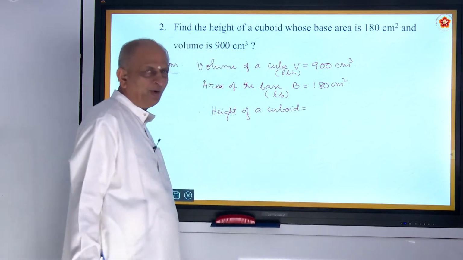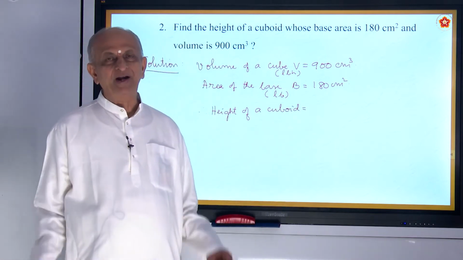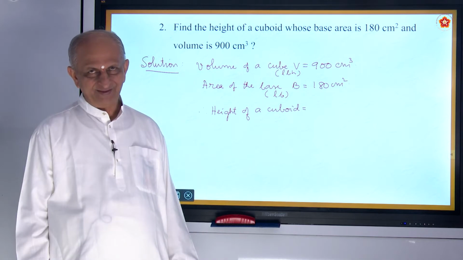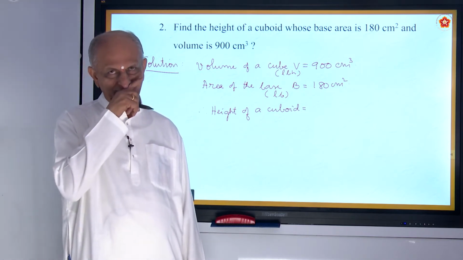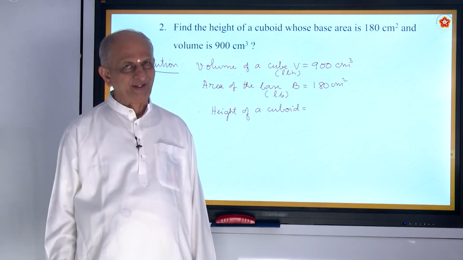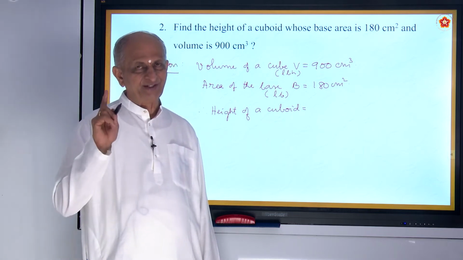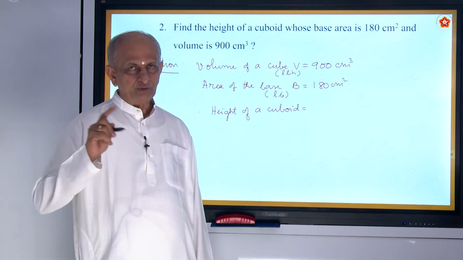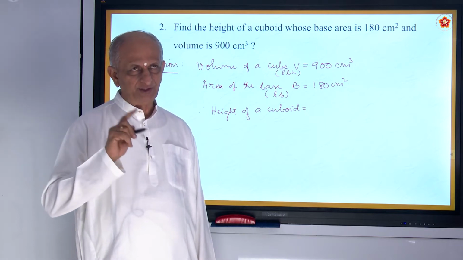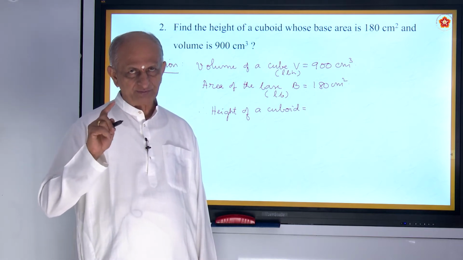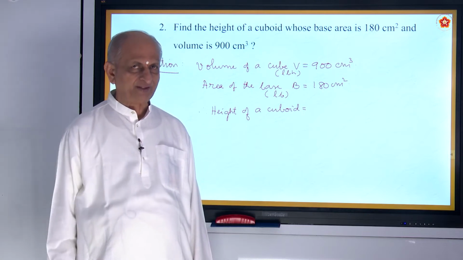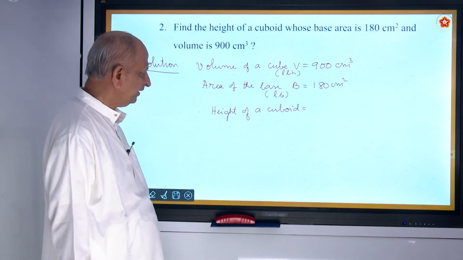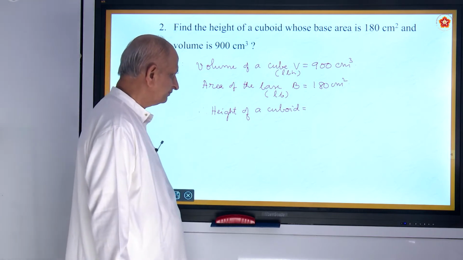By the way, what is a cuboid? Cuboid is a solid figure having rectangles as its faces. How many rectangles will be there? There will be 6 rectangles, one pair of each type. 3 pairs of rectangles will be there. 3 pairs will be identical to each other.